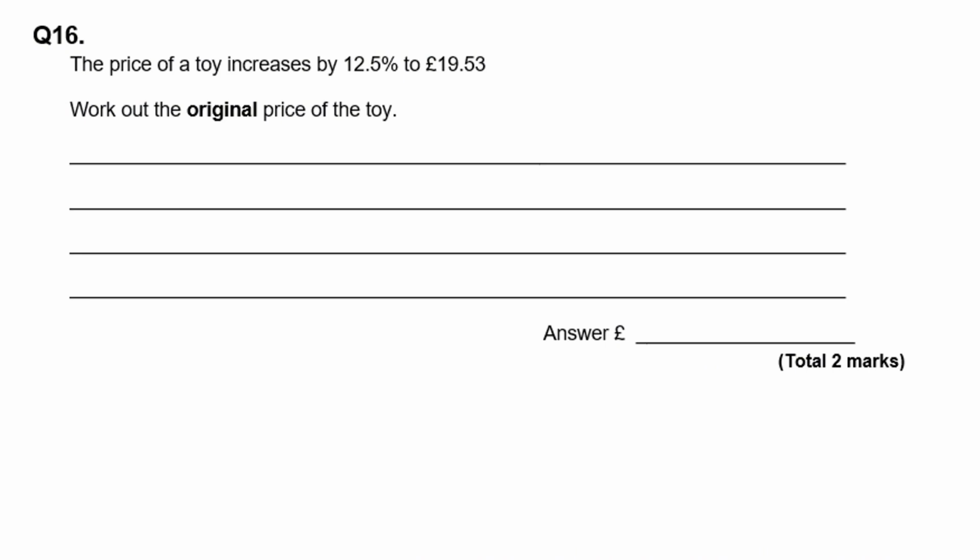Question 16. The price of a toy increases by 12.5% to £19.53. Work out the original price of a toy. So this box here represents my original. And this original price, since there's been an increase of 12.5%, that's 100% plus the 12.5%.